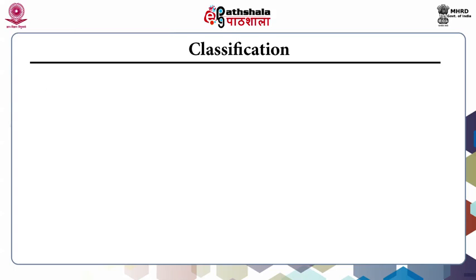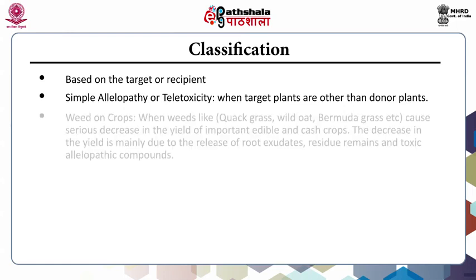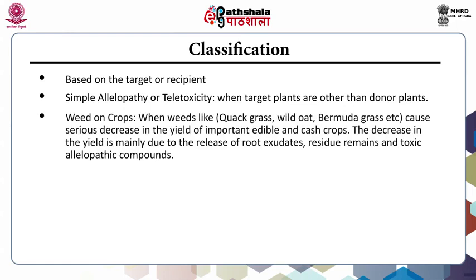Coming to the next classification, that is based on the target or the recipient. Simple allelopathy or teletoxicity is when target plants are other than the donor plants. First is weed on crops.